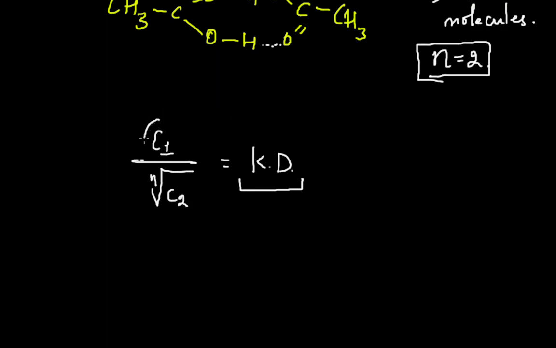We know this, and therefore n can be calculated for different concentrations. That's how n is calculated experimentally.